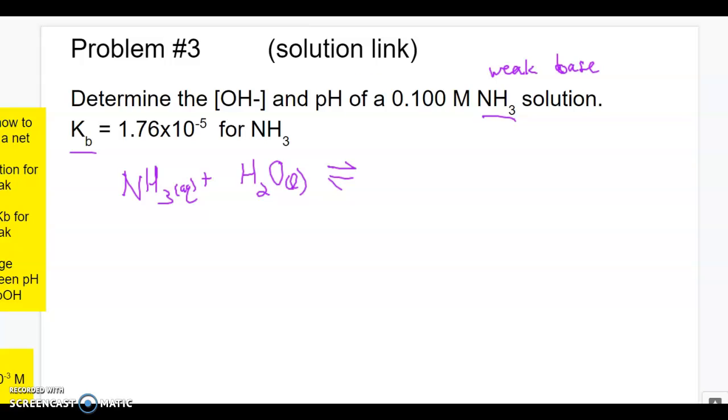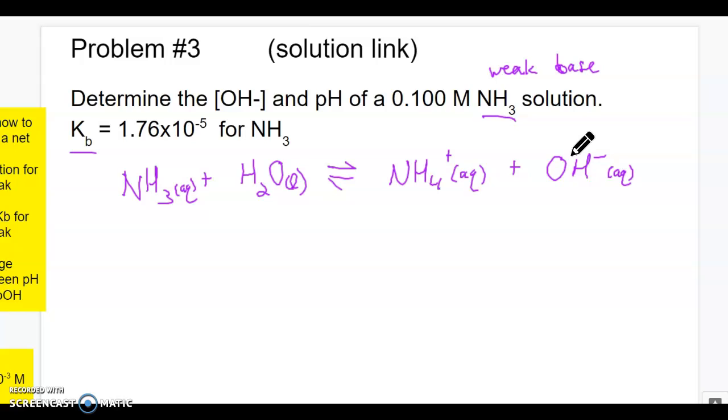If it absorbs an H plus, it becomes NH4 plus aqueous, the ammonium ion, plus, because water lost an H, we have OH minus. And this is what makes it the weak base, it produces this OH minus ion.